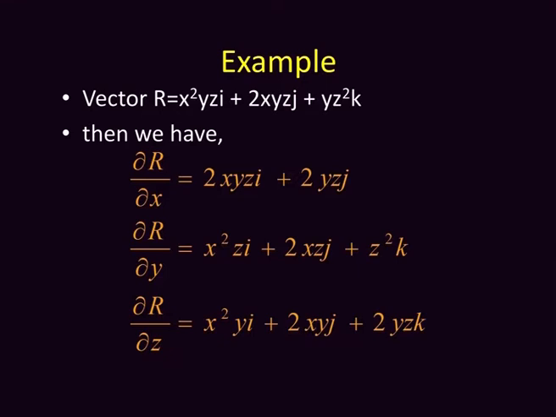Del r over del x is equal to 2 x y z i plus 2 y z j. Similarly, del r over del y is equal to x square z i plus twice x z j plus z square k. Similarly, del r over del z is equal to x square y i plus twice x y j plus twice y z k.